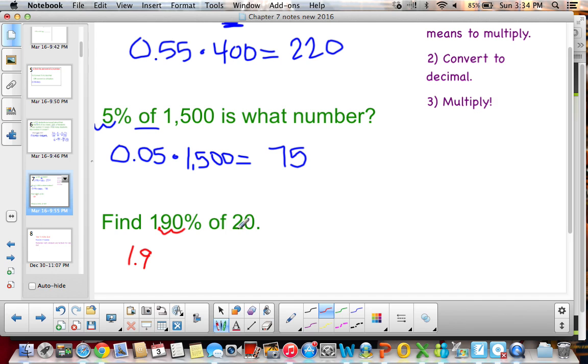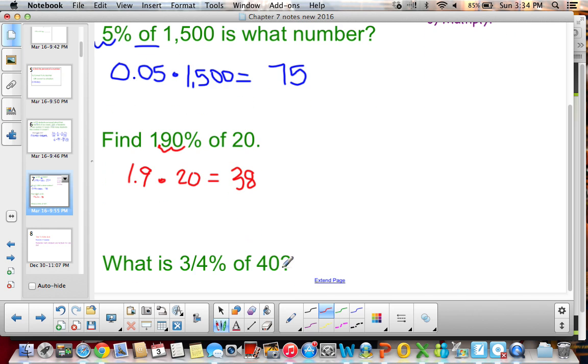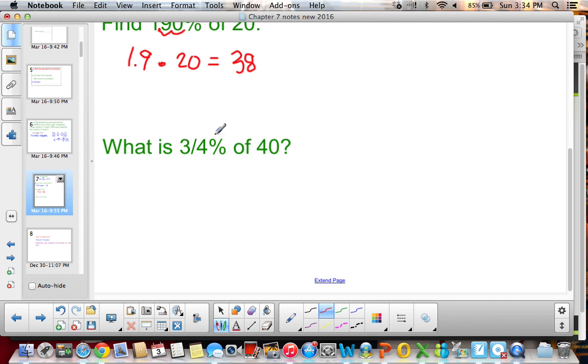Remember, 100% of a number is that number. So if it's greater than 100%, it's going to be greater than the number. So that makes sense that we're multiplying by a number greater than 1. So 1.9 times 20 equals 38.